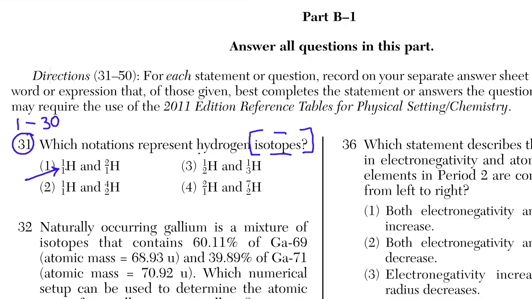If you're going to be hydrogen, you have to have the atomic number 1. And if you look at your choices, choices 2, 3, and 4, the atomic numbers are different, and that's never going to work. If they're going to have an H, H implies the atomic number should be 1.